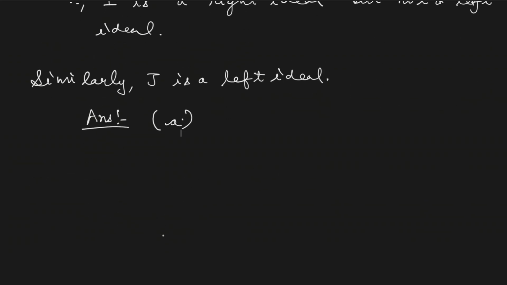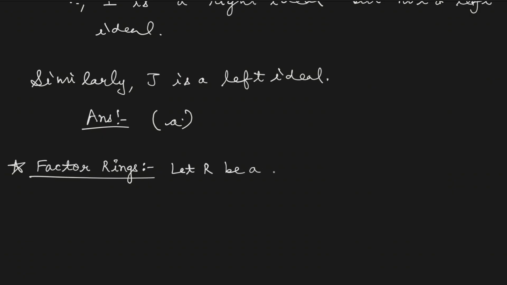Next topic is factor rings. Let R be a ring, I be an ideal in R. R with respect to plus is an abelian group.